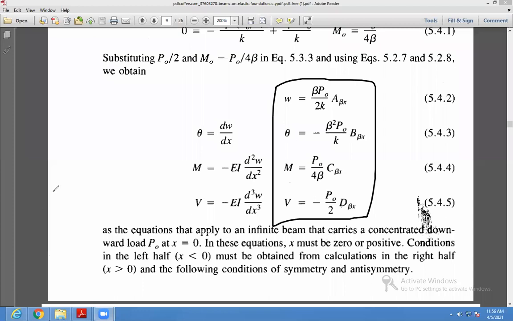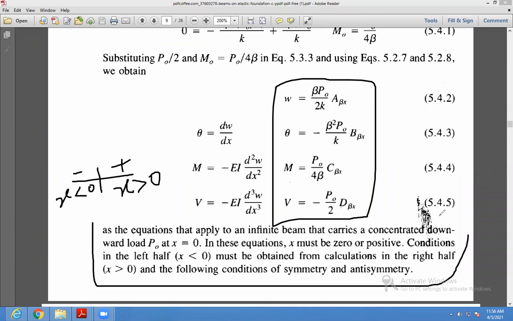As we have discussed, there is a left side and a right side. Right side positive, left side negative, meaning x is greater than 0 on the right and x is less than 0 on the left. So we have to consider these cases. These equations apply to an infinite beam that carries a concentrated downward force at x equal to 0.